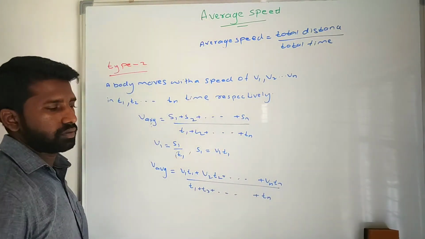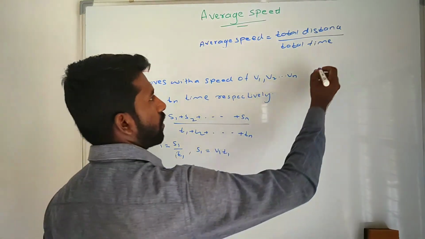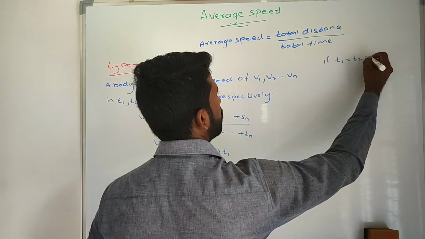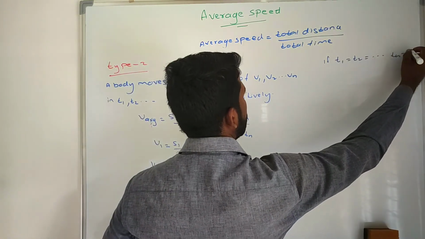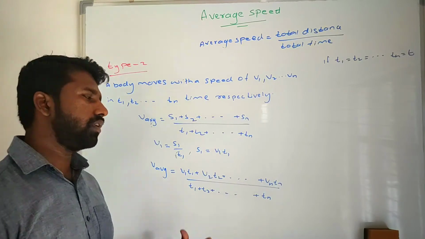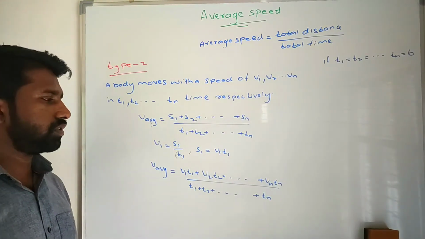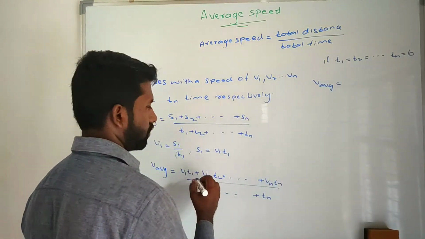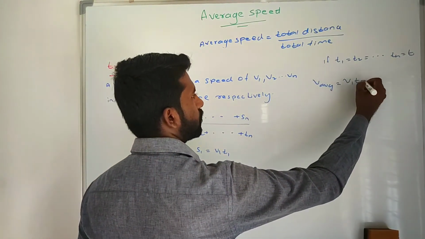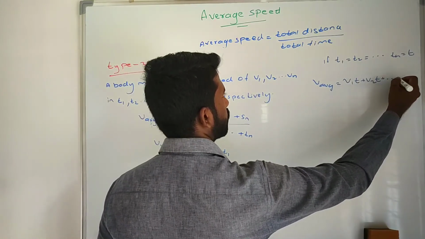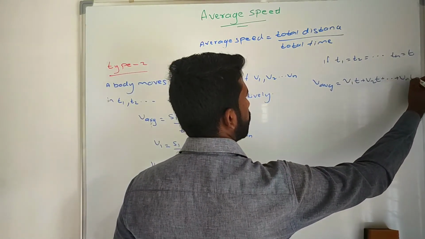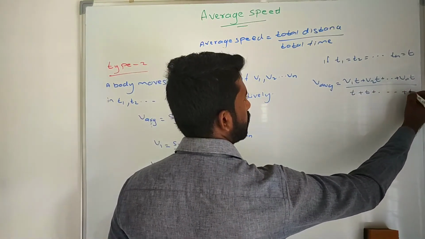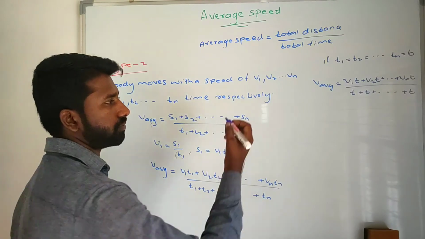Now I am taking the case where T1 is equal to T2 up to Tn is equal to T. Then V average is equal to V1 into T plus V2 into T up to Vn into T, all divided by T plus T plus T up to N times.